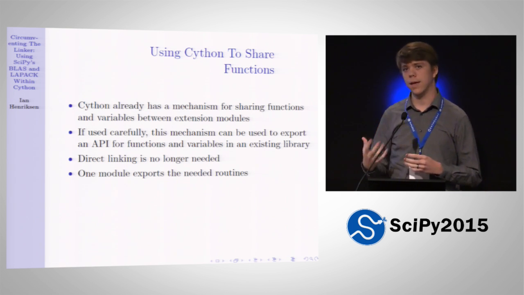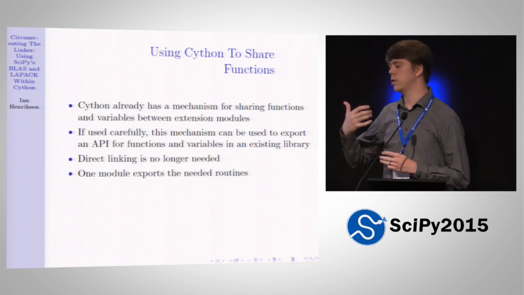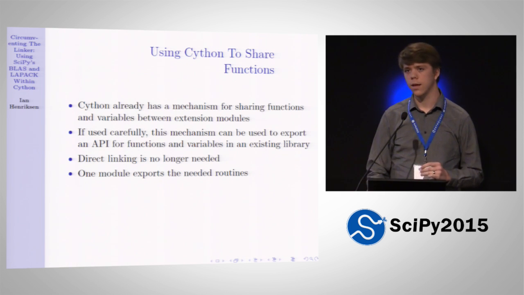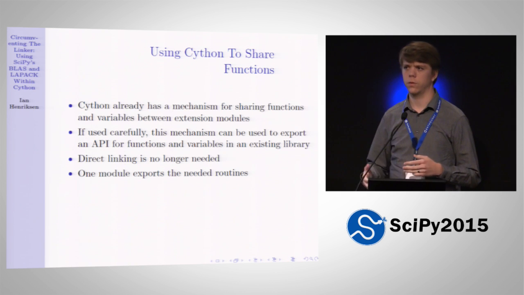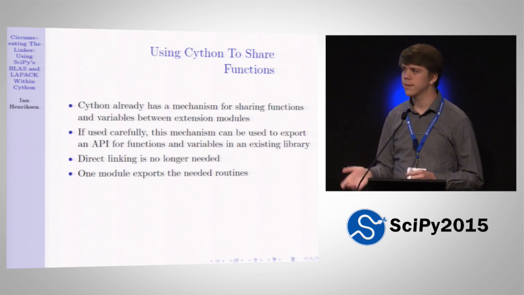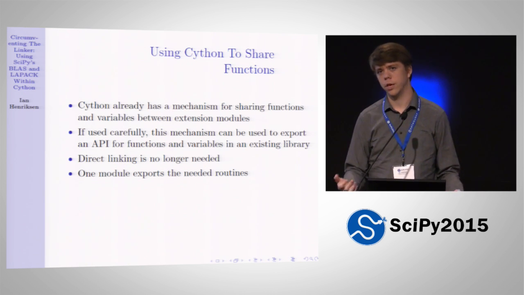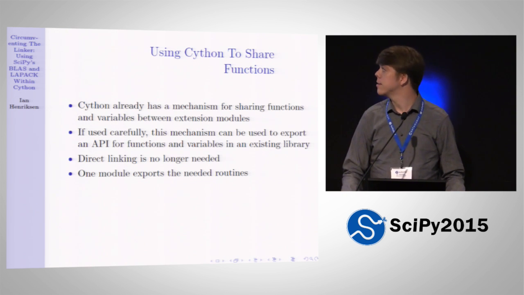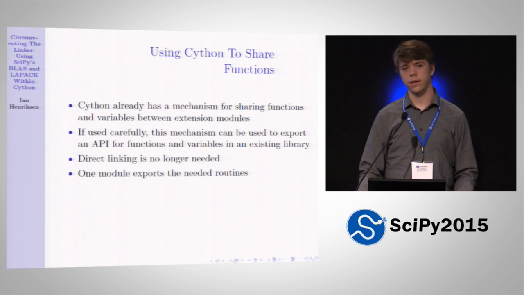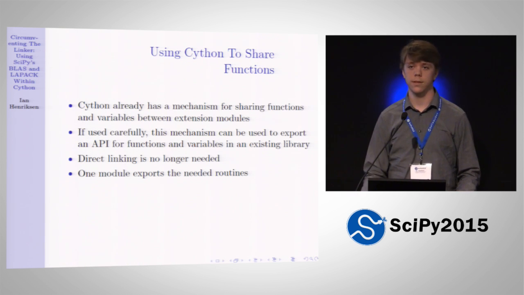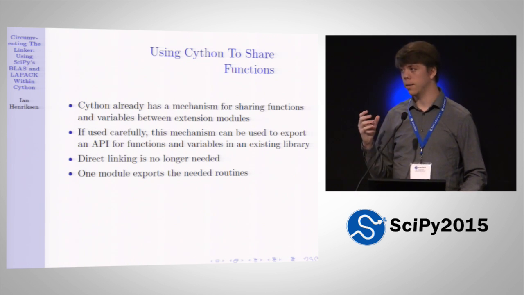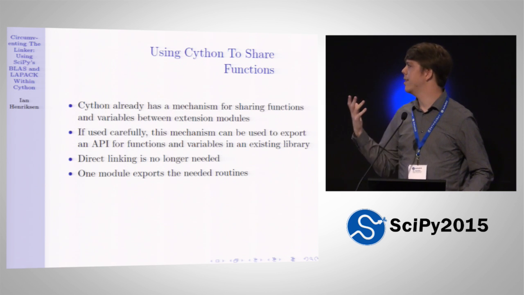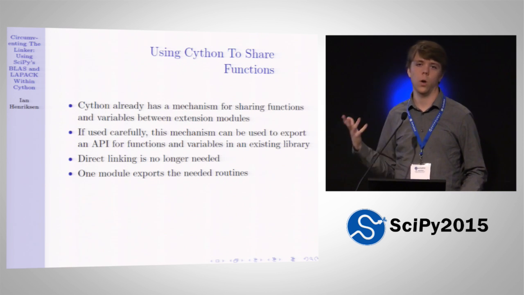But the thing is that SciPy already has solutions for many of these linking problems. F2Py has gone through an enormous amount of work many years past to make sure that you can actually use a variety of different Fortran compilers. And SciPy, because they're used so heavily and they have so many different Fortran libraries that they maintain internally, they have to have this working already.